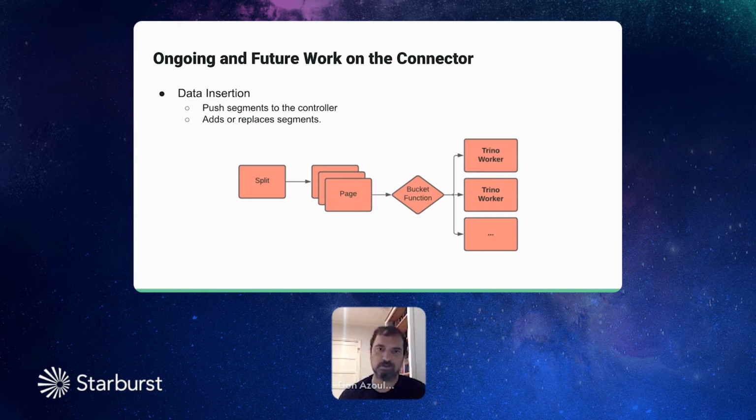We have a local SSD that we use to write the temporary data, and the bucket function ensures that if you have a time column, all the rows that would go into one segment go to one worker. Then it chunks it into evenly sized segments, which is configurable in the Pinot config.